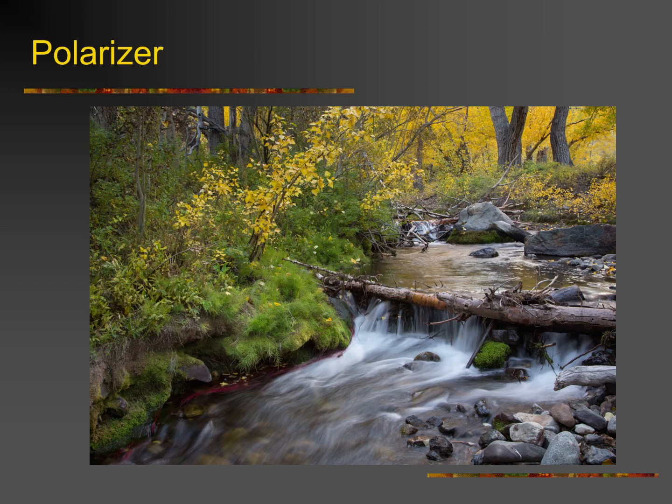And the area behind the log, the glare was so bad that virtually there was no texture or any sense of what was there. With the polarizer, it fixed all of that, and it was stacked on top of a neutral density filter.